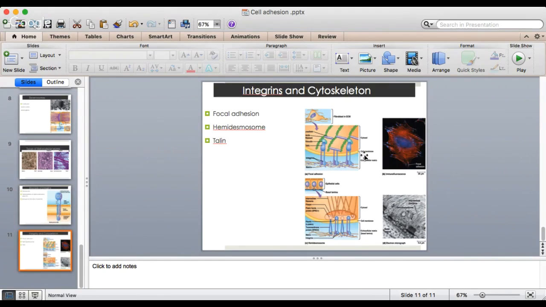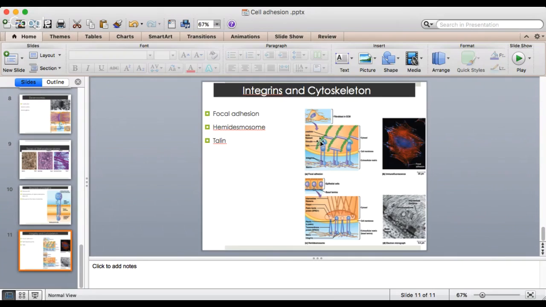So lastly, integrins and the cytoskeleton. Integrins do not directly adhere to the extracellular matrix, but they link to the extracellular matrix by focal adhesions and hemidesmosomes. Shown in part A of this figure, focal adhesions consist of a cluster of integrins that forms a linkage between the F-actin bundles and the extracellular matrix.